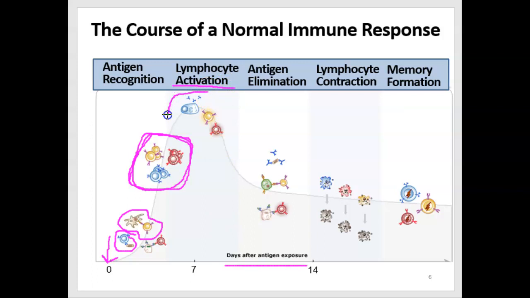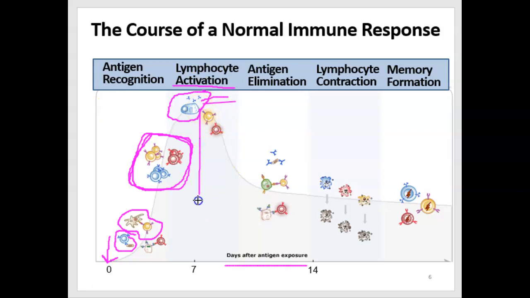Eventually, of course, you're going to have the formation of plasma B cells that produce lots of antibodies that can float throughout all the fluids in your body. About 10,000 antibodies per second are made by each cell. So, quantities of antibodies.